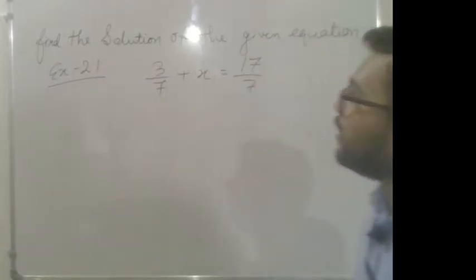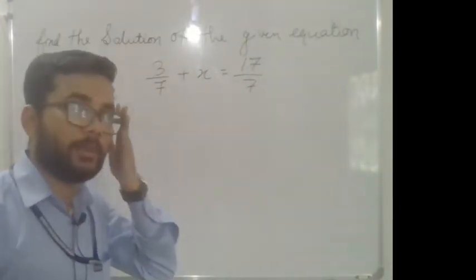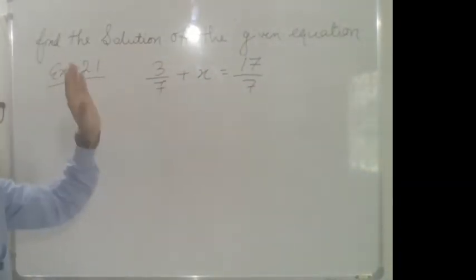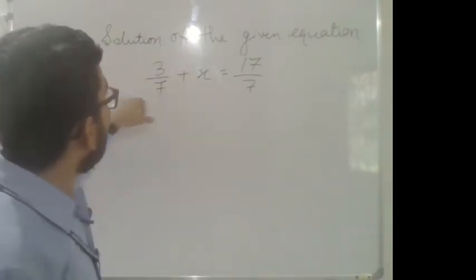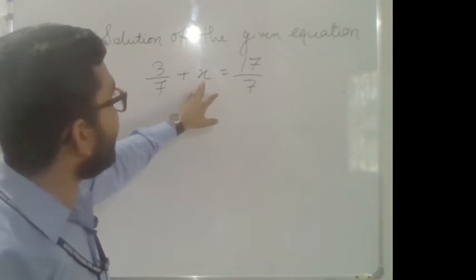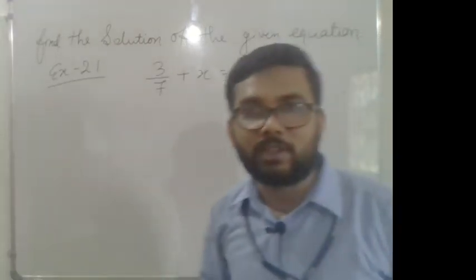This is also a linear equation in one variable. You all know why it is called a linear equation in one variable: because it contains only one variable and the highest power of that variable is 1. That is why it is called a linear equation in one variable.